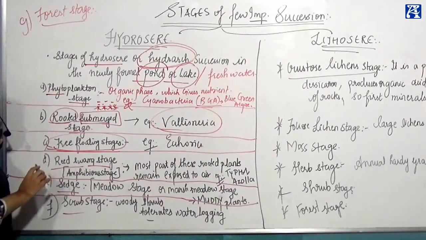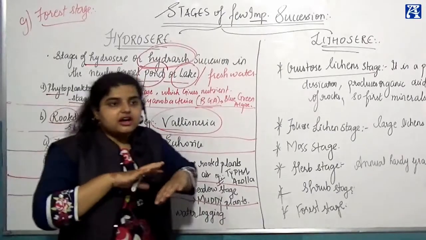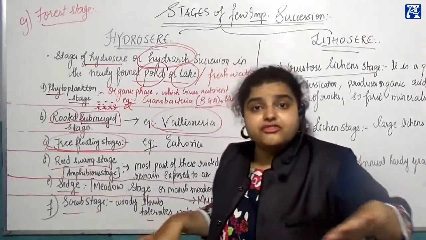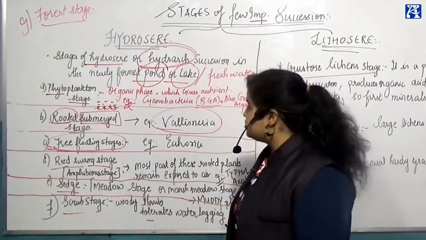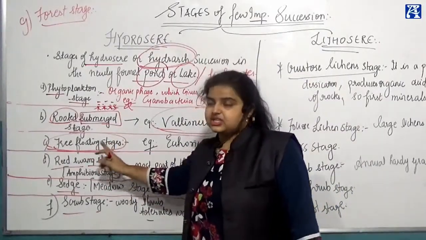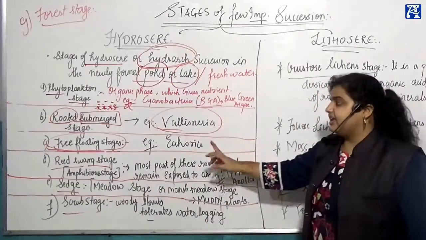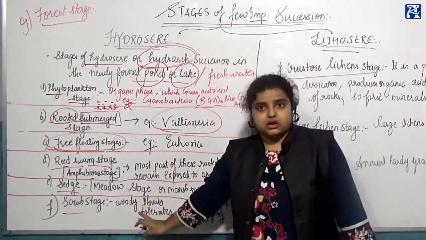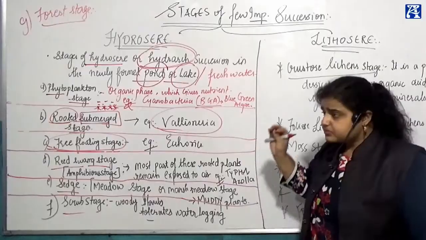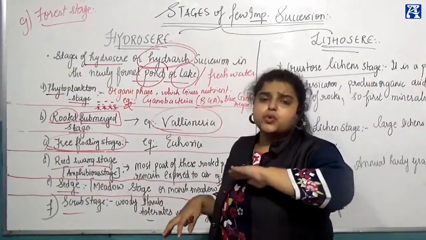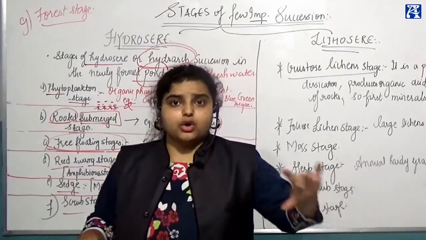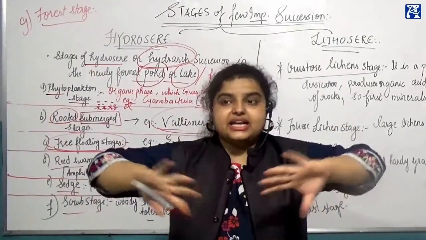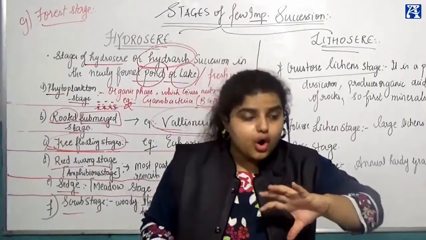The next stage is when the organisms freely float over the surface of the lake or the surface of the fresh water. That is called the free floating stage, and the example of it we can say is the plant Eichhornia. Eichhornia is a plant which you can see most widely spread over the lake, over the pond, in a systematic arrangement all over the surface.